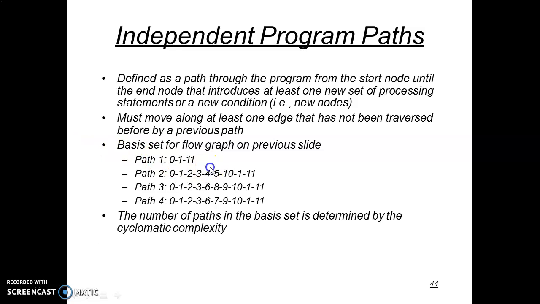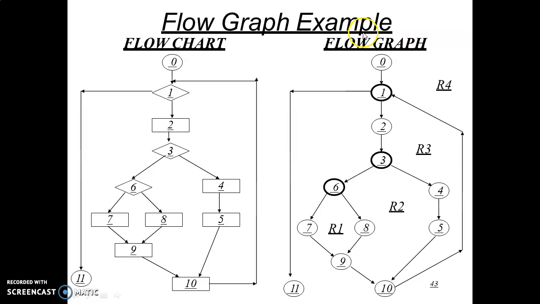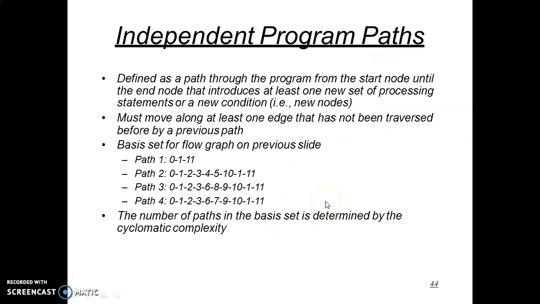Path 1 is 0, 1 and directly we reach 11. Another path is 0, 1, 2, 3, 4, 5, 10, 1, 11. This way path 3 and path 4.